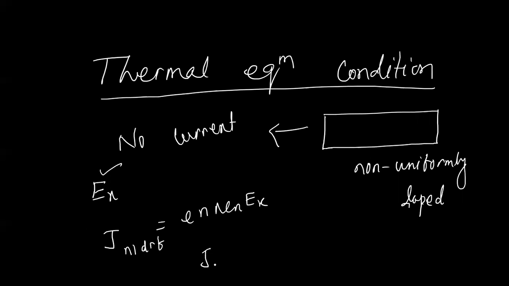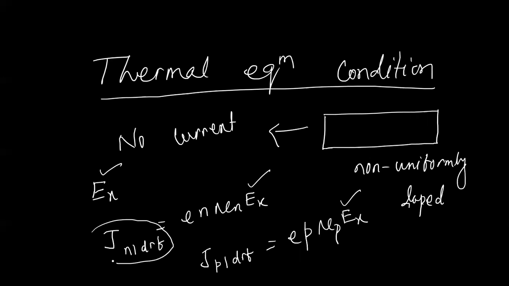Similarly for holes, Jp drift must be E, concentration of p, mu p, the mobility of hole, and then the induced electric field. So if there is a non-zero induced electric field, there must be some drift of electrons and holes. As a result, there must be some drift current density as well, because of electrons and holes, right?